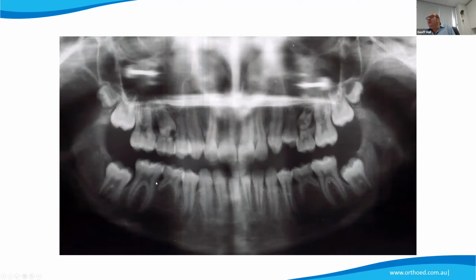When I look at a case like this with missing teeth, the first thing I do is pretend all the teeth are present, and I say to myself, if all the permanent teeth are present, is this a black or white non-extraction case, a black or white extraction case, or a grey area?